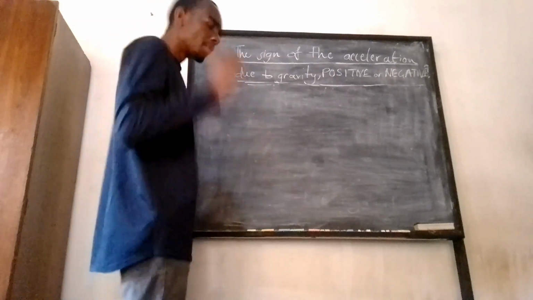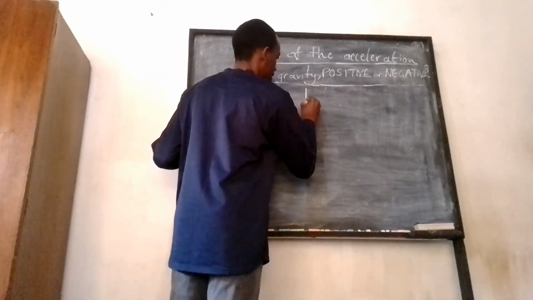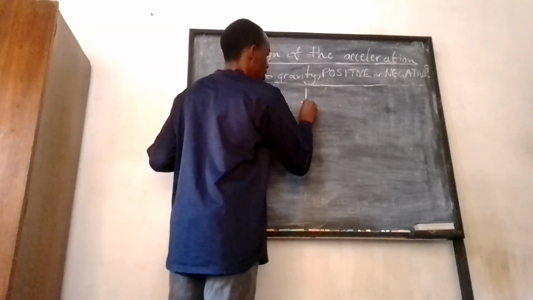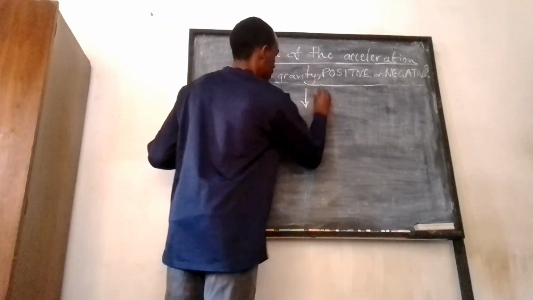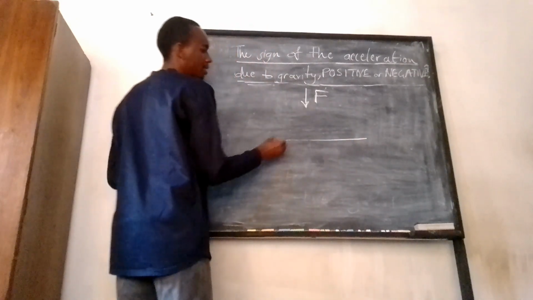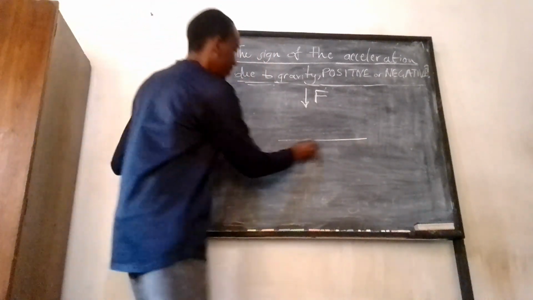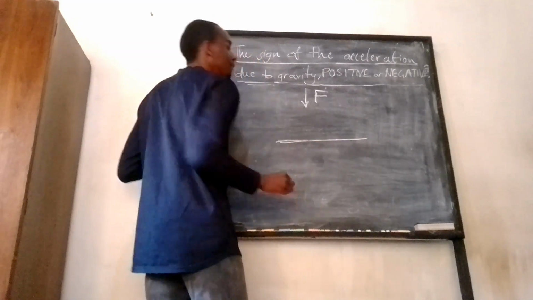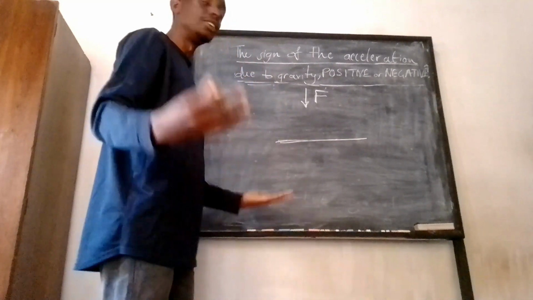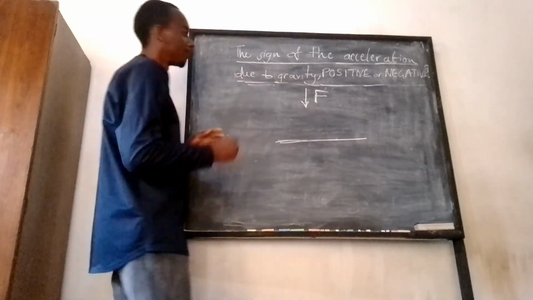Now, the most important thing to note is this. The force of gravity always acts towards the surface of the earth. Now, you may say towards the center of the earth. That's okay, that's fine. But it always acts in one direction, if you will, that is towards the center of the earth or towards the surface of the earth.